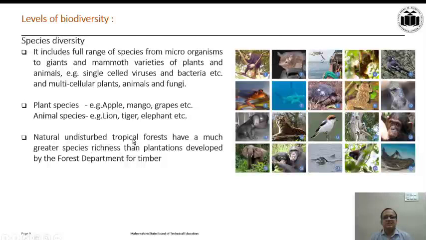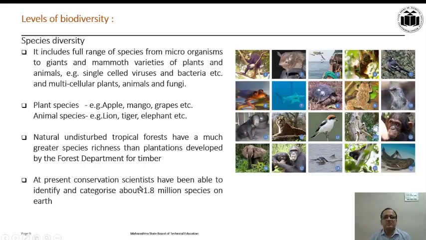Natural undisturbed tropical forests have a much greater species richness than plantations developed by the forest department for timber. Naturally grown forests have a wide range of plant and animal species, whereas a plantation done by human beings artificially can have only a few species.